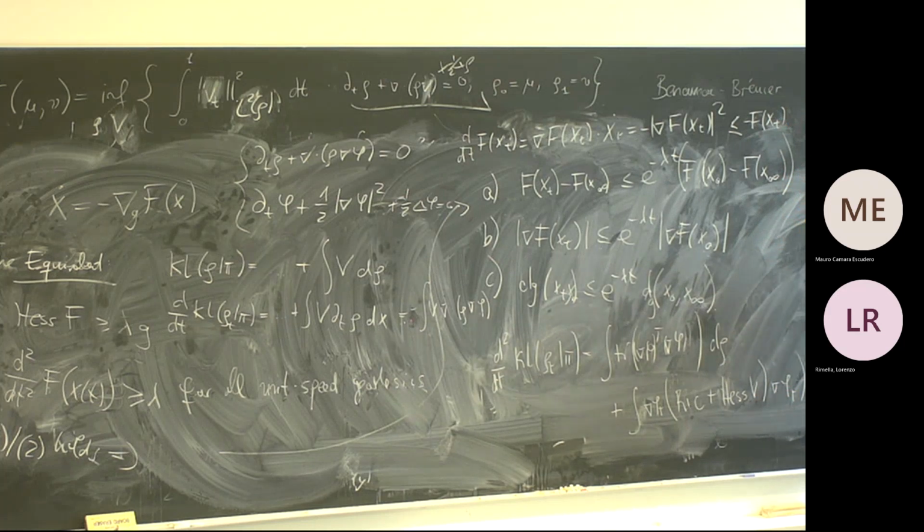And then if you perturb the potential by a bounded function, you can still have this inequality, but it gets exponentially worse in the oscillation of your perturbation. This just shows that the log-Sobolev inequality holds in much greater generality.